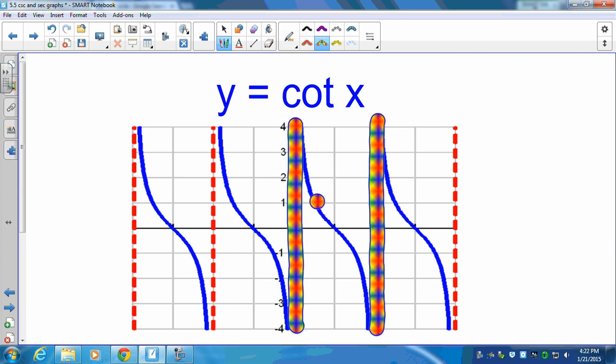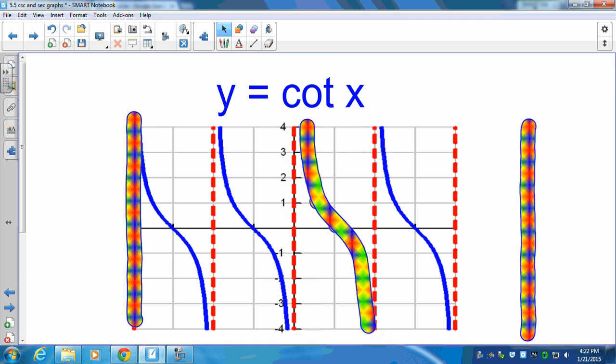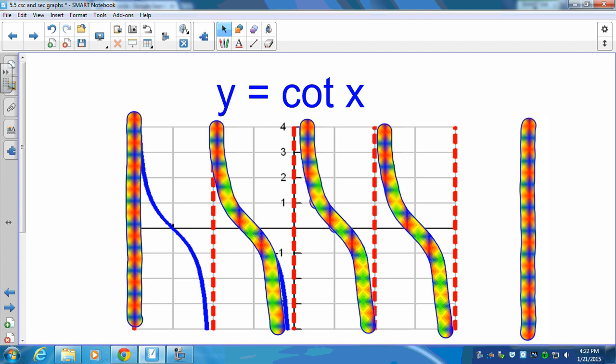At pi over 2, it's 0. At 3 pi over 4, it's negative 1. So I get this graph here representing my function, where these here are just our asymptotes. So this is the function that can be cloned, and I can get the same graph over and over again.